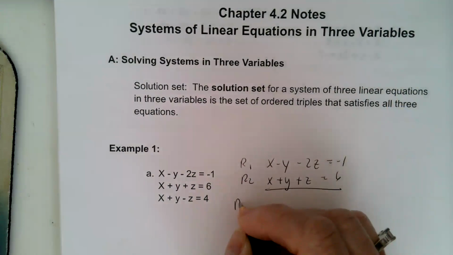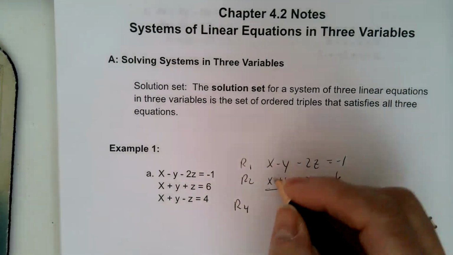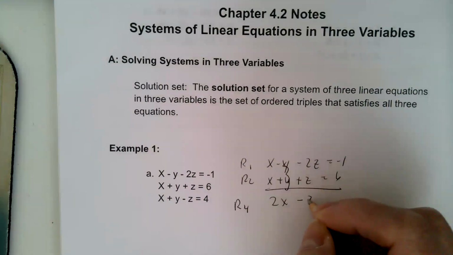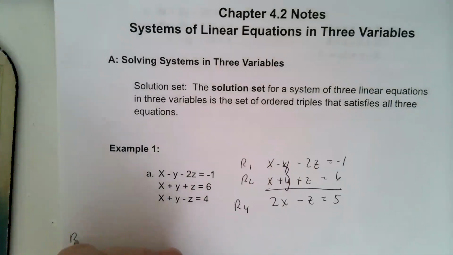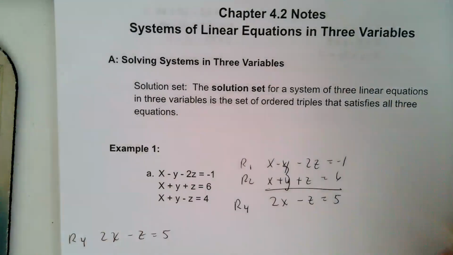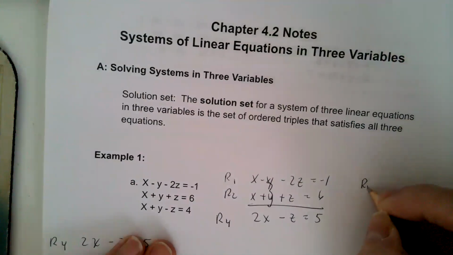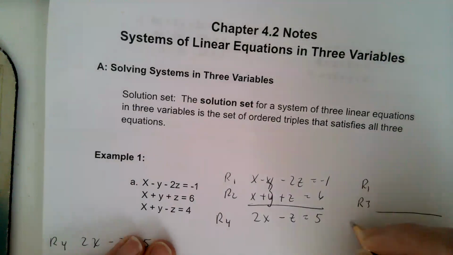I'm creating a new row, and I'm calling that row 4. So that will be 2x, my y's cancel, and then I have negative z equals 5. I'm going to write row 4 over here: 2x minus z equals 5. Then I'm also going to add row 1 to row 3, and I'm creating row 5.